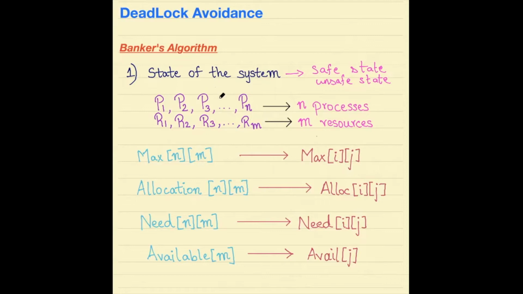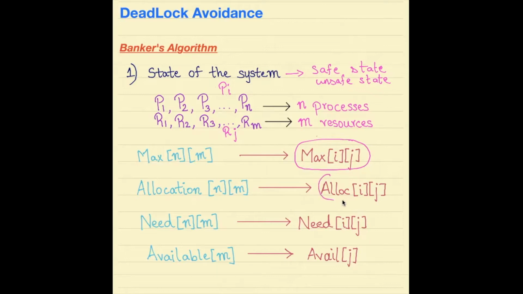Let us assume at an instance, process Pi requests resource Rj. We can identify that based on Max[i][j], which tells the maximum resources of type j required by process Pi.